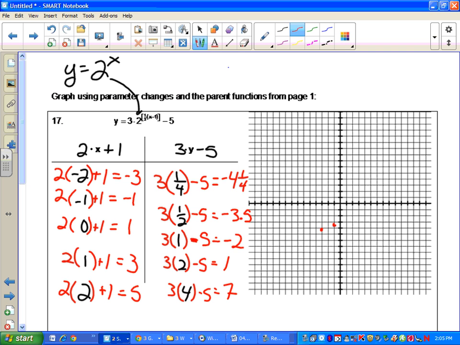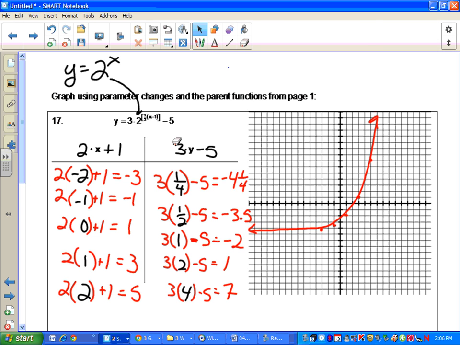What's the next one? 1, negative 2. 3, 1. And 5, 7. So really, that wasn't so bad. But I think you'll like graphing without.